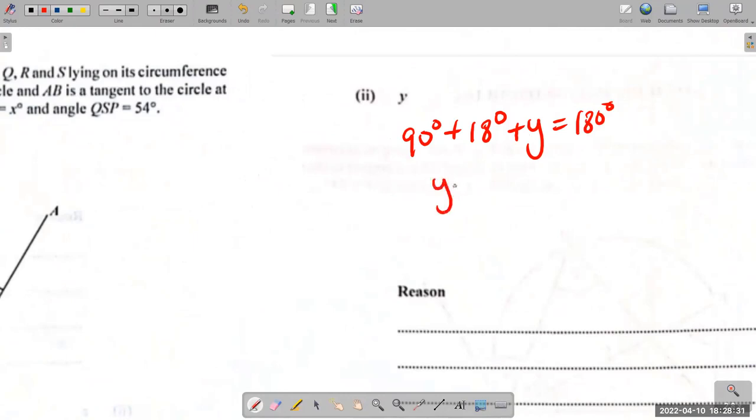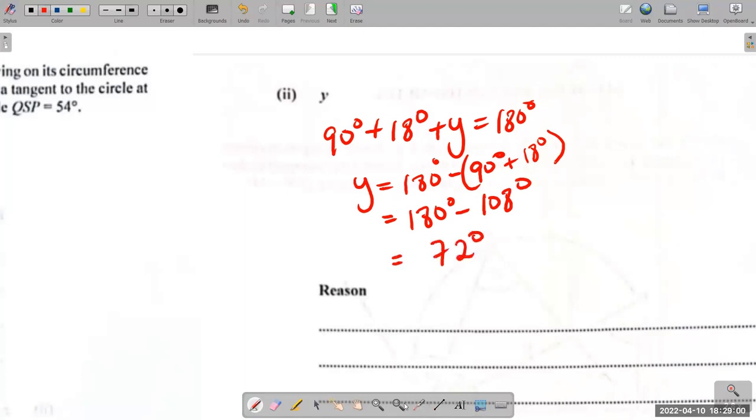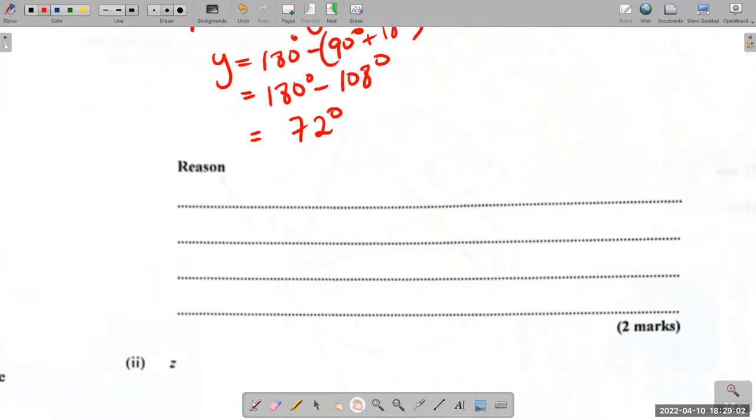So Y is equal to 180 minus 108. The more you show, the stronger your chance of getting full marks, and even if you make a mistake, if you show what you're doing, you maximize your marks. So what is my answer? 72 degrees. All right. What is the reason?